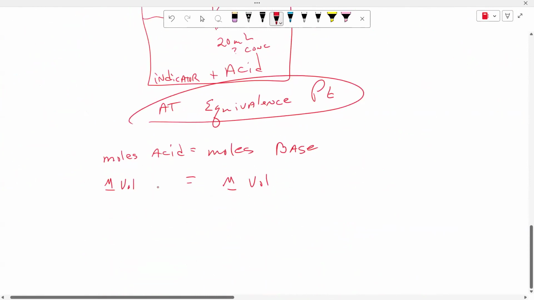So remember when we did the dilution, we had moles of concentrate equal moles of diluted. Same thing. So concentration of the acid, volume of the acid, concentration of the base, volume of the base. So now we're going to do A's and B's.